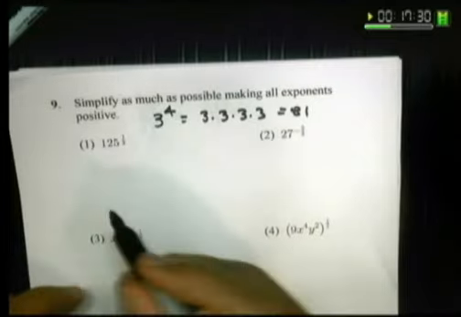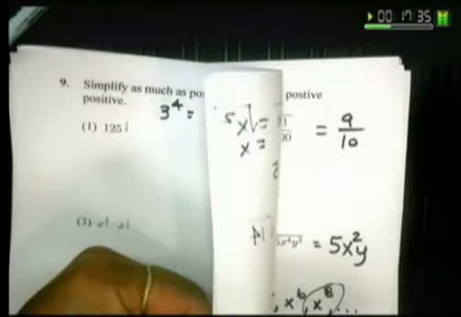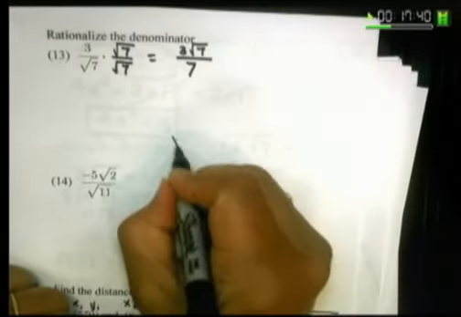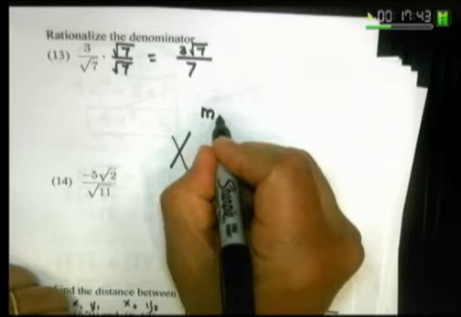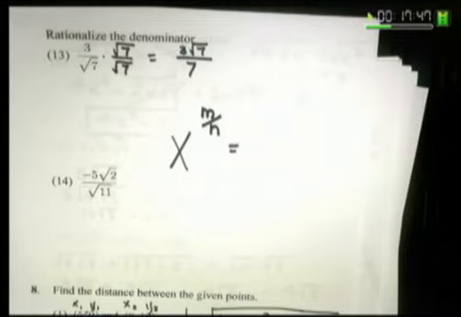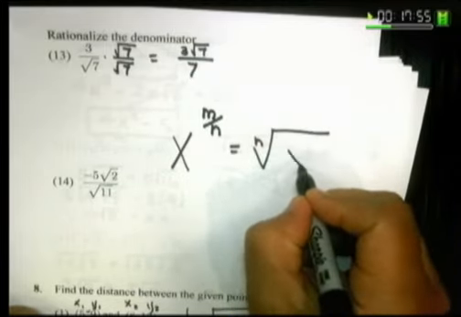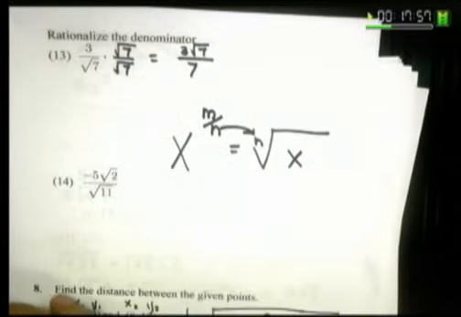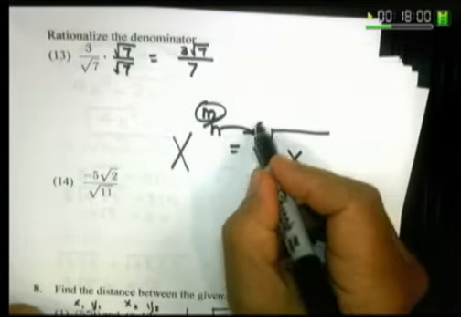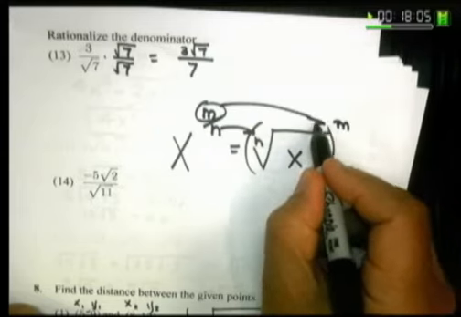Okay, this is the way we work these. Let me give you a rule. Anytime you have x to the m over n power, in other words, whenever you have a base and an exponent that's fractional, the denominator becomes your index and the numerator becomes your power.